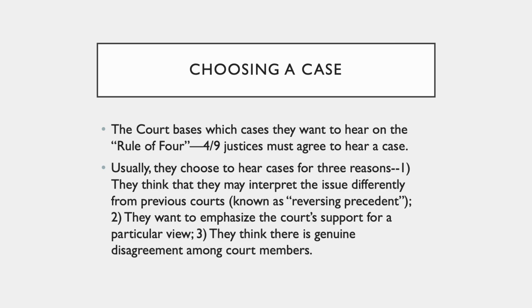When the state of Alabama tried to defend its racial gerrymander this year, everybody assumed the Supreme Court would let them do it, and they did not. So there are examples where the court, very closely, 5-4, 6-3, will kind of defy conventional wisdom. And so the only way you're going to know if they're going to do that is if they take the case. Okay, so that is it for kind of the basic nuts and bolts of the judicial branch.